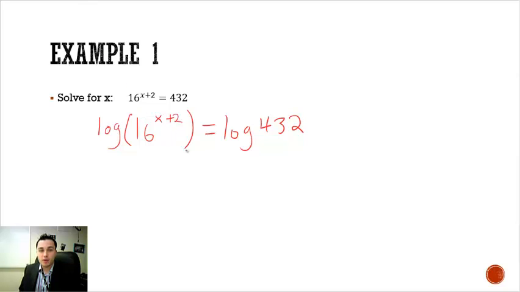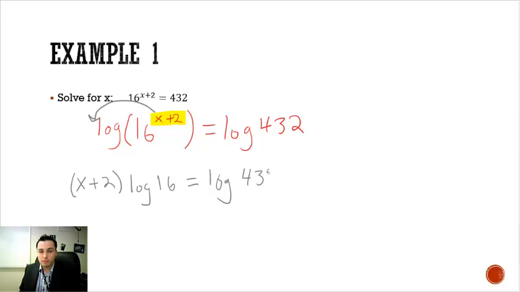Now that exponent can come down in front here, so that now I have x plus 2 times log of 16 equals log of 432. Divide both sides by log of 16.